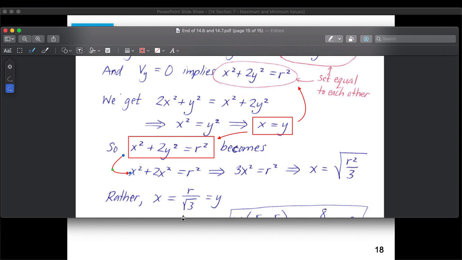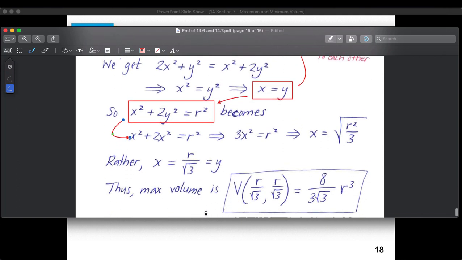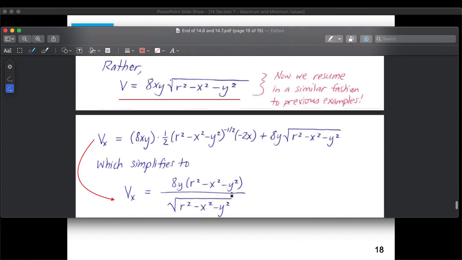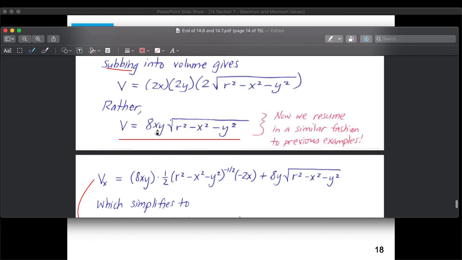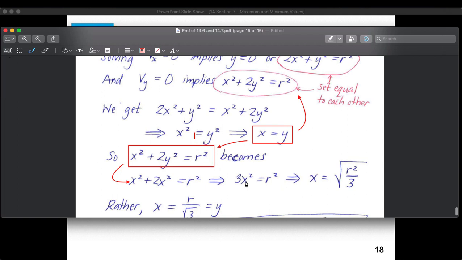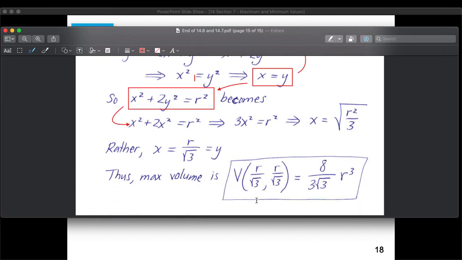But for now, we take this fact that x equals r over rad 3, and the same thing for y. You plug both of those into your volume formula, which once again is way up here. You plug in those values of x and y for the variables, and you should end up with the volume being 8 over 3 rad 3 times r cubed.